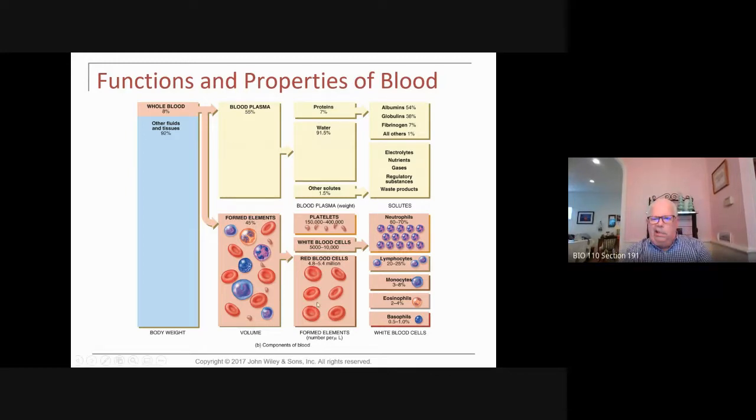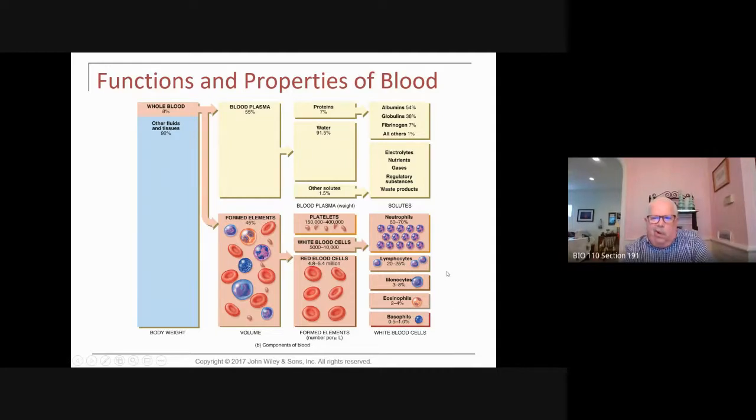Now, the white cells are divided into categories. And we'll talk about each one of these. They're called neutrophils, lymphocytes, monocytes, eosinophils, and basophils. Obviously, there's a most abundant and a least abundant.